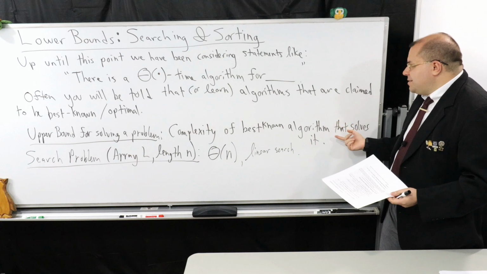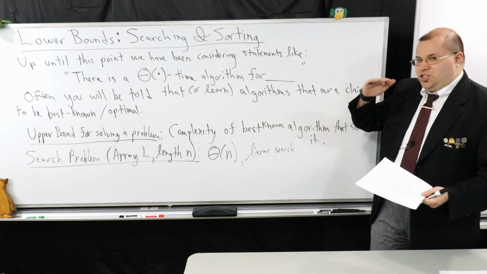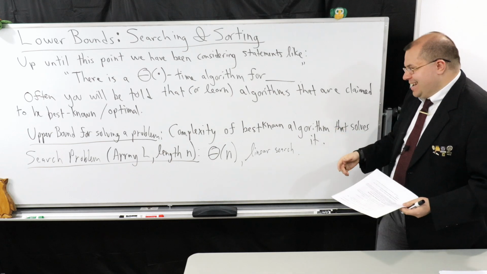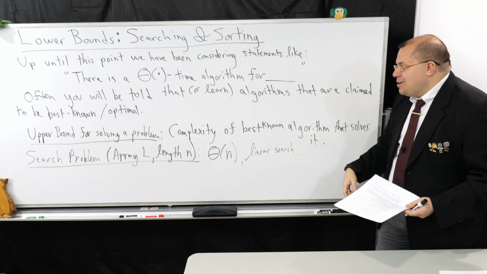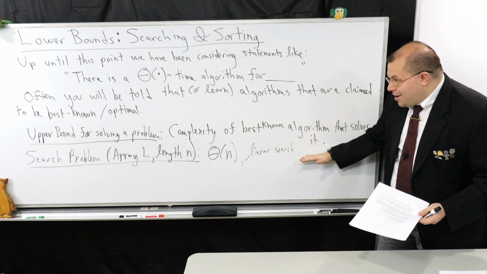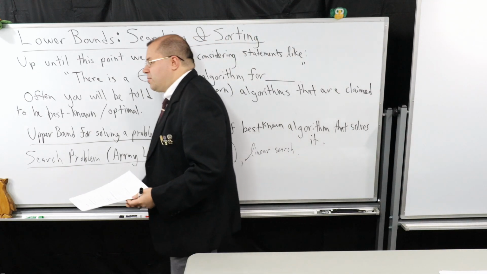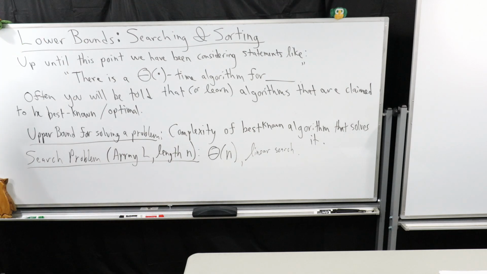But oftentimes for these more classic problems, there's just one, bam, there it is. This upper bound is true for unsorted arrays. If I don't know anything about the array, this is the best known algorithm, this is one of them for this problem.